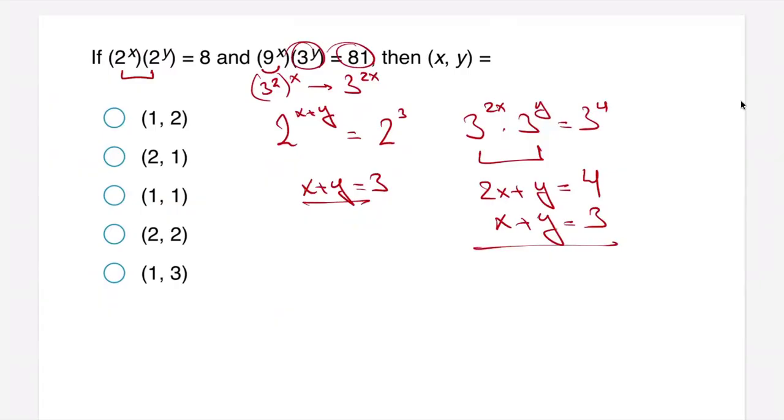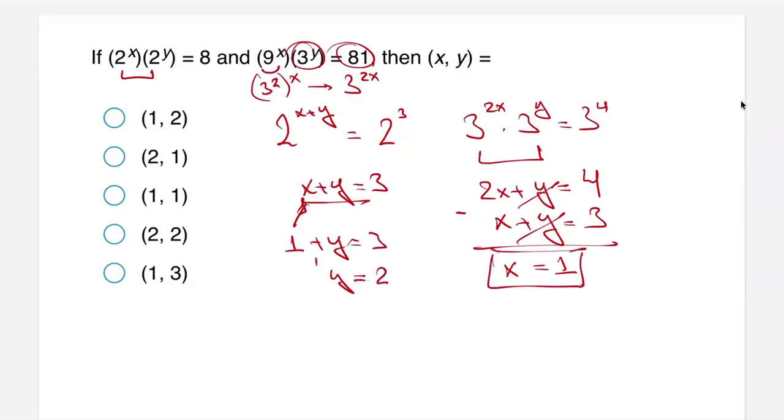I subtract: 2x minus x is x, y minus y is 0, 4 minus 3 is 1. So x is 1. I substitute here: 1 plus y is equal to 3, so y is 3 minus 1, equal to 2. So it is 1 and 2.